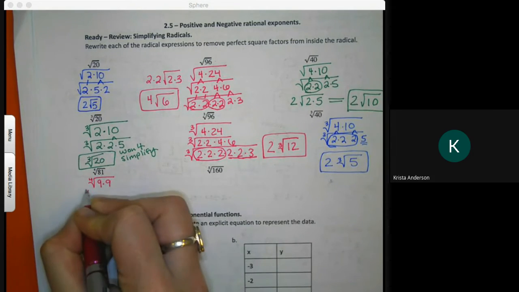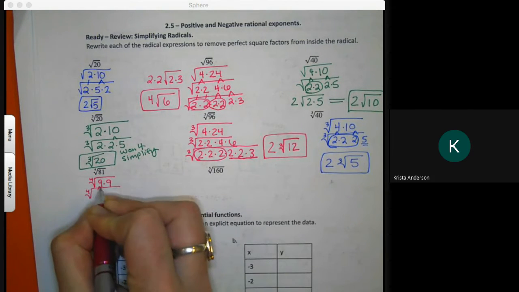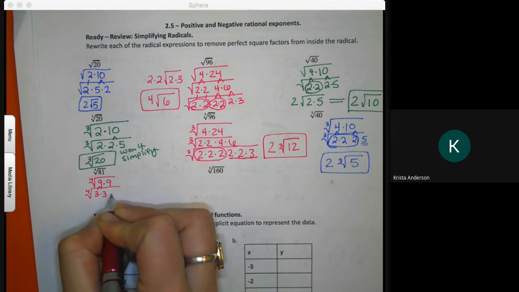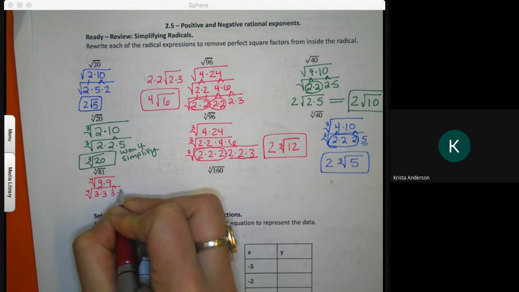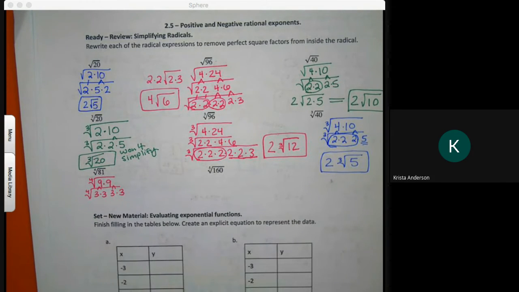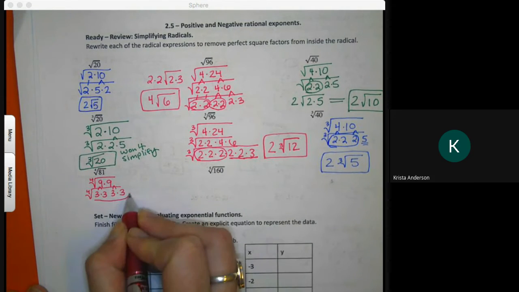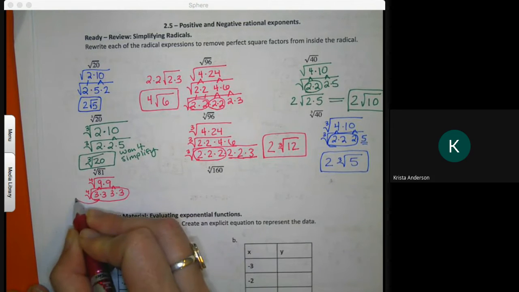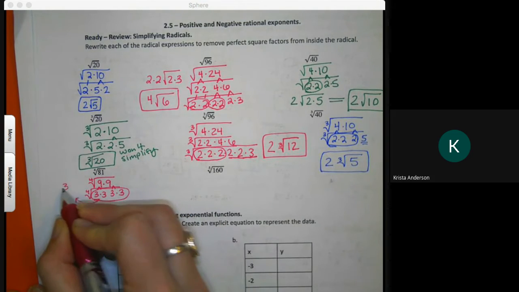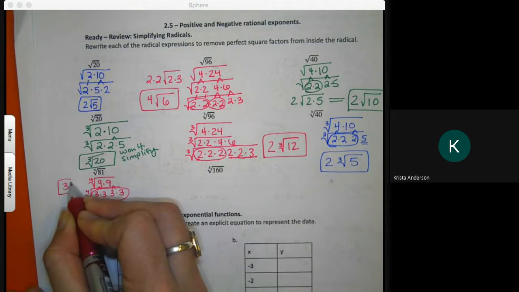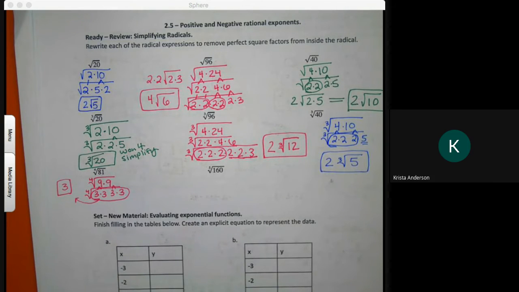Then, if I break my 9s up, I get 3 times 3, 3 times 3. Because the root has a 4 on it, I need a group of 4 in order to leave. There's nothing left in the root, so the root is gone.